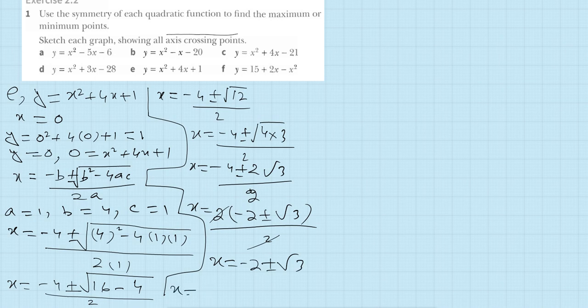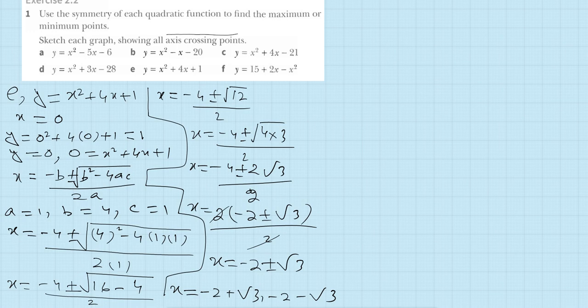This implies that two values of x have arrived. One is x equals minus 2 plus root 3 and the other is minus 2 minus root 3. Now write all the axis crossing points.